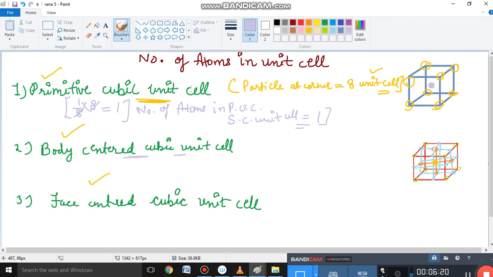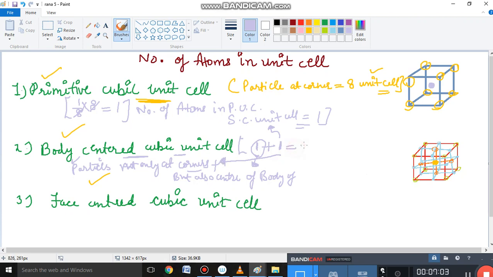That atom belongs wholly to this unit cell, and it contributes one, and one will come from the primitive cubic unit cell, because in the body centered unit cell the particles are present not only at the corners but also at the center of the body of the unit cell. So one comes from the body center, and one from the simple cubic unit cell. Thus the total number of atoms in the body centered cubic unit cell will be equal to 2.